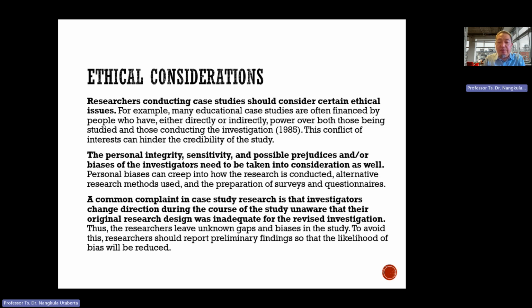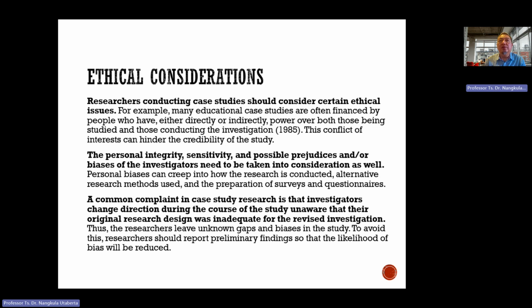Okay. Lastly, in the last part of this lecture, one of the very important topics is ethical considerations. When you talk about case studies, for example, in many educational case studies, there is a lot of PNC data that you have to be very careful in handling.